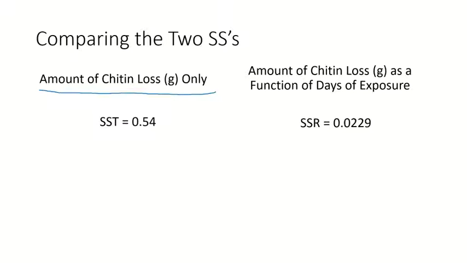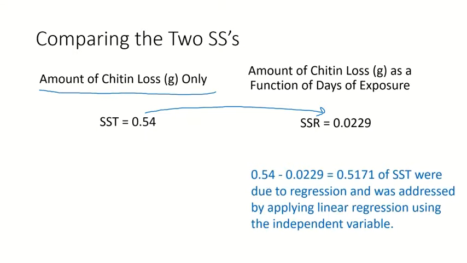our sum of squares regression went down from the sum of squares total. It's now 0.0229. That's a very, very big leap, thanks to the second variable that we have considered. Okay? So if we subtract our sum of squares regression from our sum of squares total, we get 0.5171.